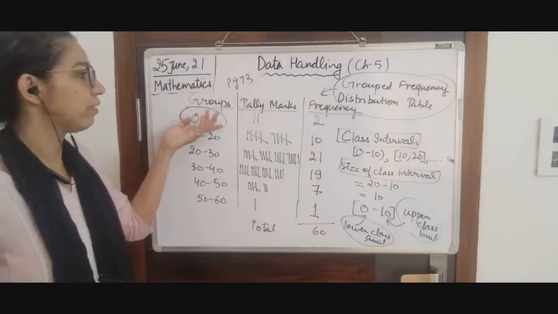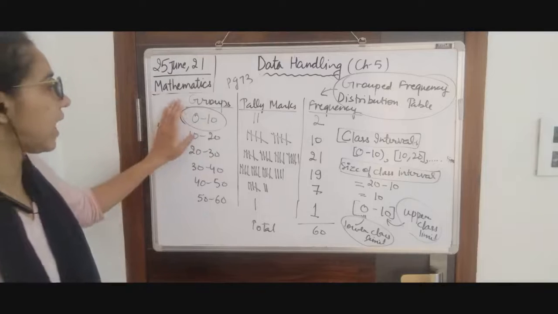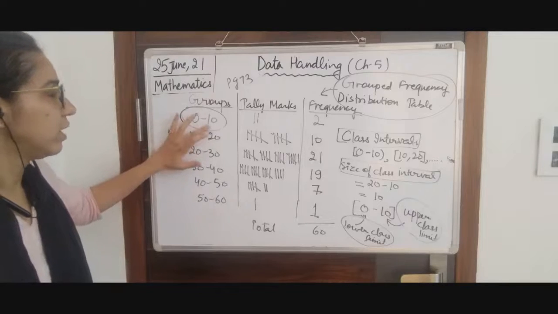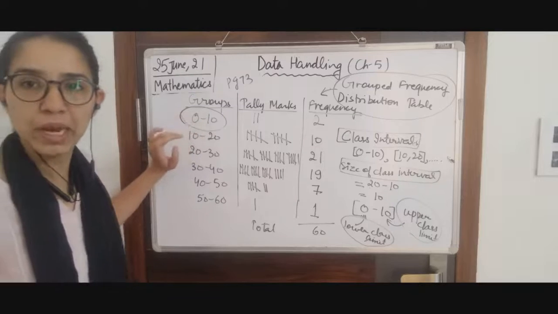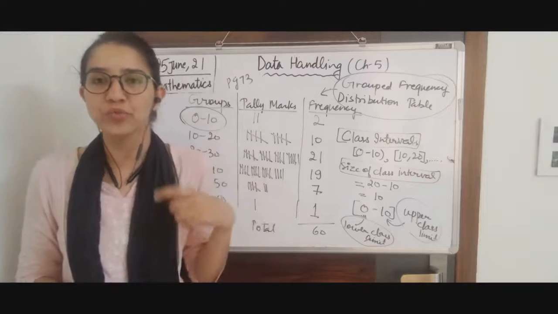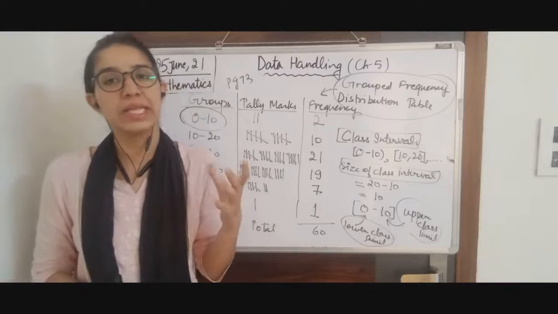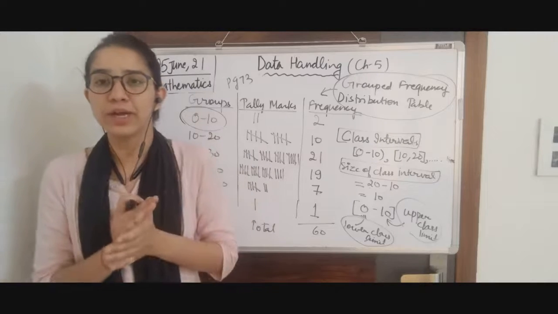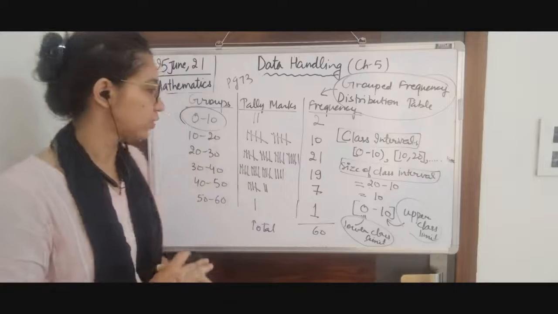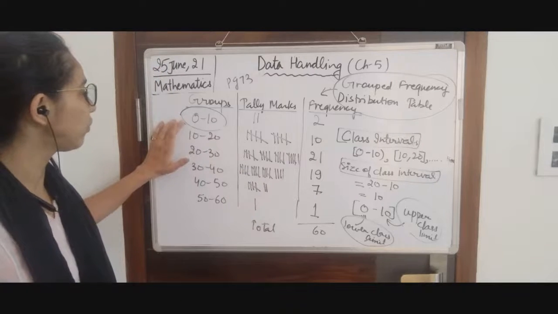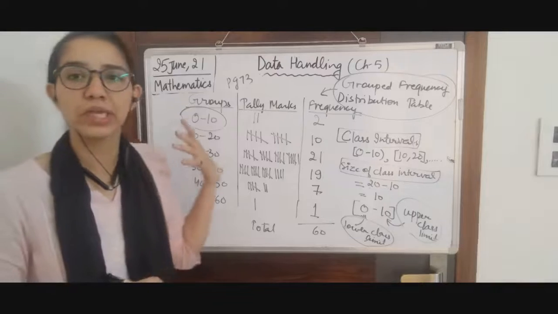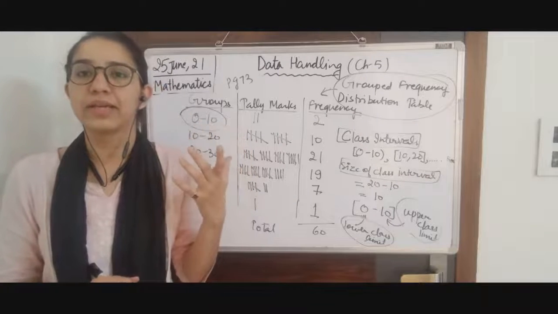Now grouping, how do we decide that the group is going to be 0 to 10? In some examples we will be clubbing them as 0 to 10. In some examples we will be clubbing them as 0 to 5 or 0 to 15 or 0 to 25 or anything like that. That will depend upon our convenience. We will use the same procedure that we used in our scaling procedure.